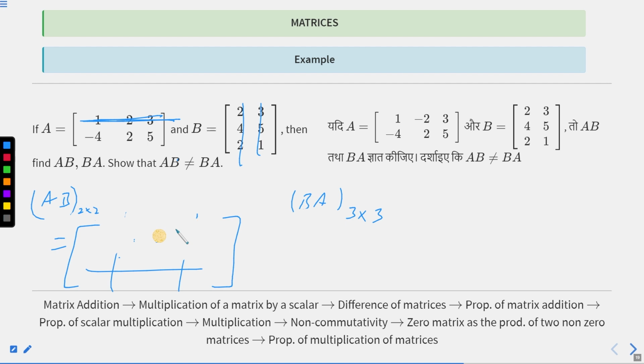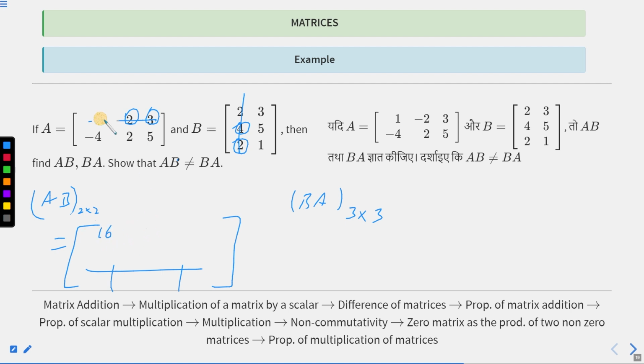So whenever you multiply matrices, put the respective lines for the respective entries so that you won't get confused. So this means 2 times 1, plus this multiplied with this.